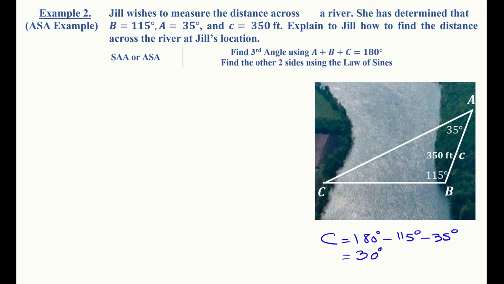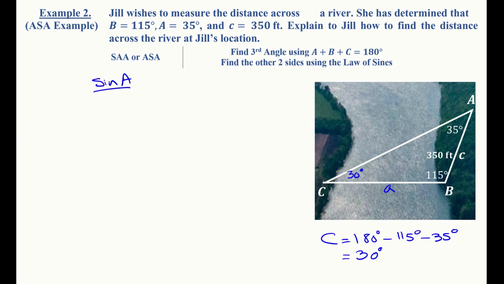All right, so we have this missing angle here now. So now we can go ahead and set up the law of sines. So we know that sine of A over precisely the distance that we're interested in, because we're trying to find this distance across the river. And of course, that's opposite angle A, so we use the lowercase a for it.